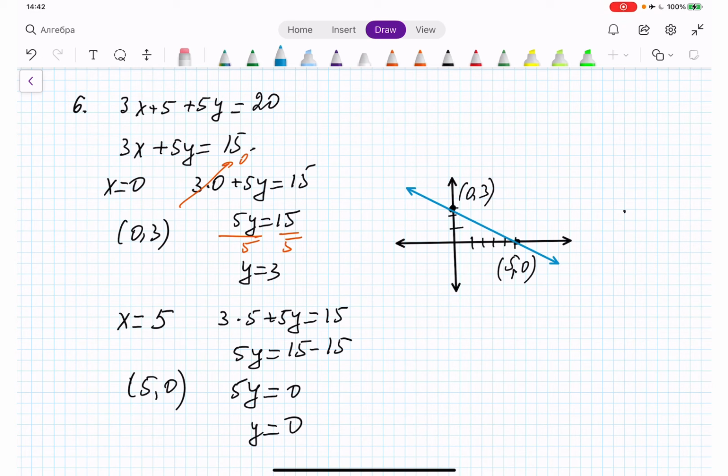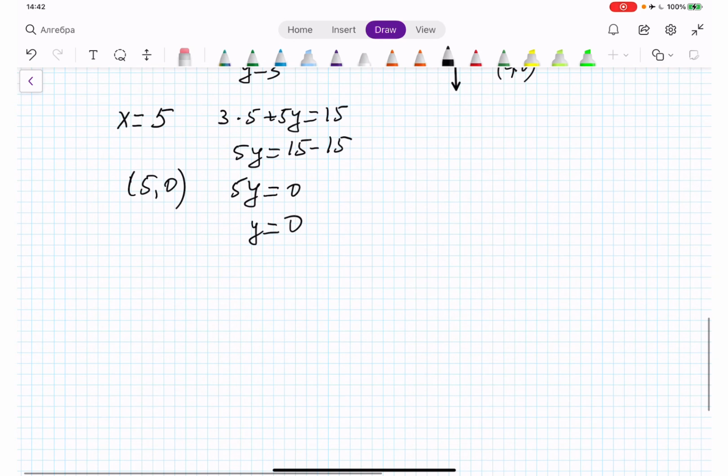Number 7. So, for the equation y is equal 4 minus 4x, we need to answer the following question. We need to find the x-intercept, and we need to find the y-intercept.